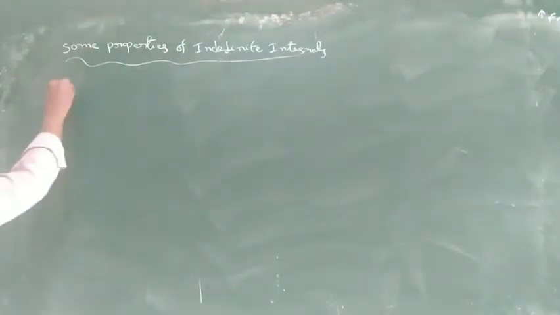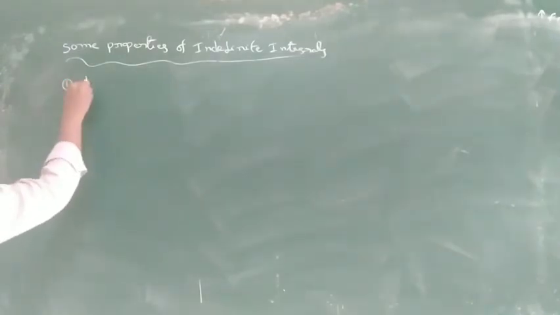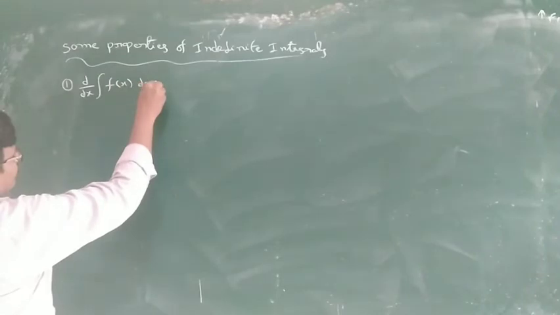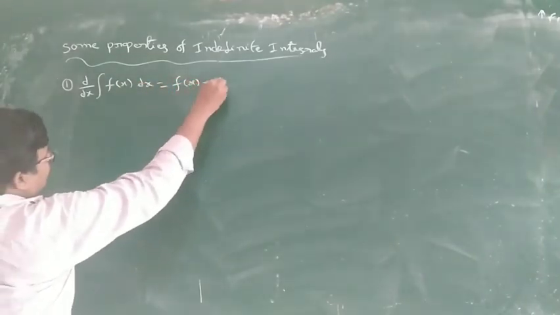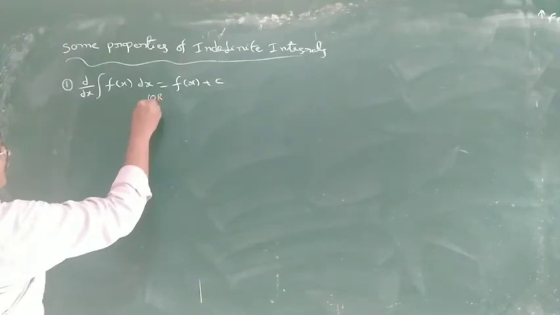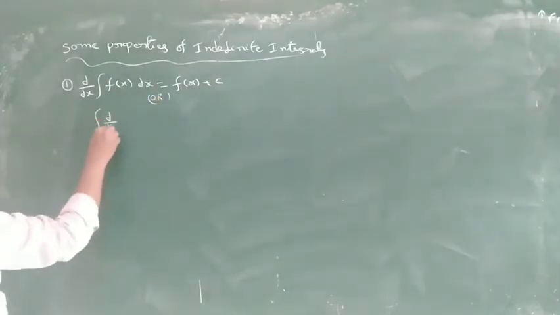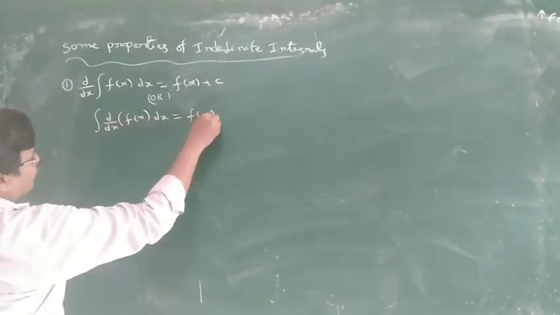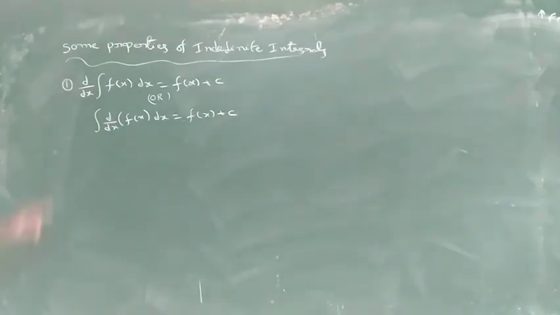What is the first property? d by dx of integral f of x dx is equal to f of x plus c, or integral d by dx of f of x dx is equal to f of x plus c. Derivative and integration cancel, so the function is the antiderivative.